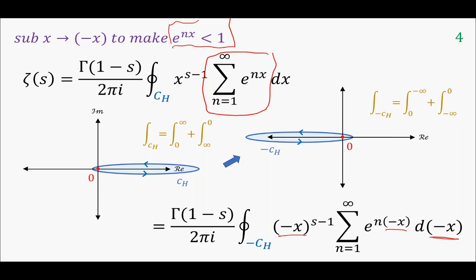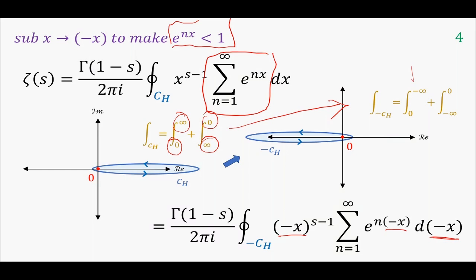And as we go back here and make the substitution for all the x's into negative x's, you must also do that for the integral. You have to do it here and here and here and here, and you'll see that the contours change.